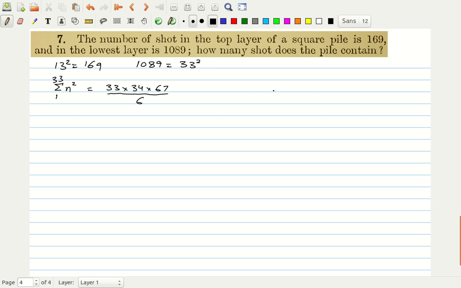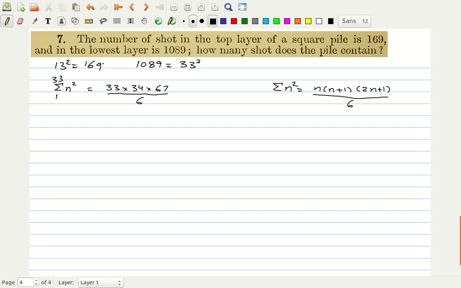I am just using the formula sigma of n square is equal to n times (n plus 1) times (2n plus 1) by 6, where n is equal to 33. So in the complete pyramid we have these many balls.